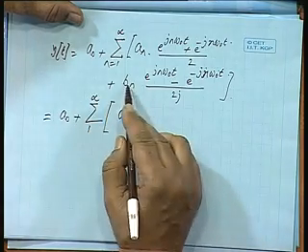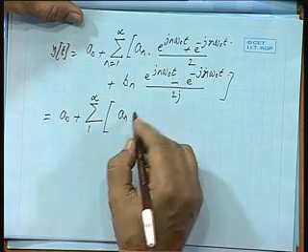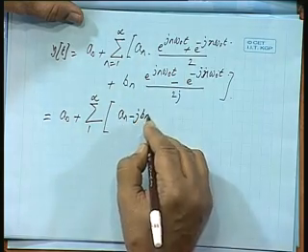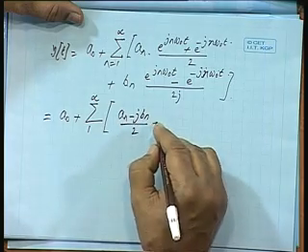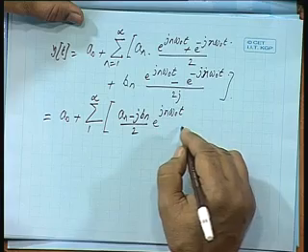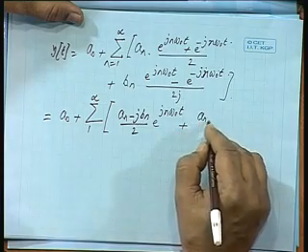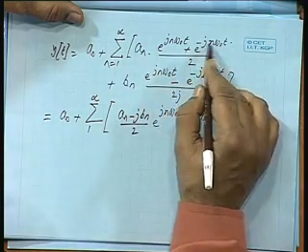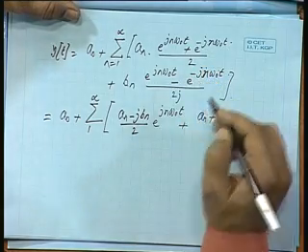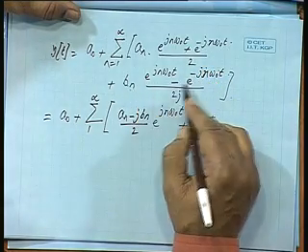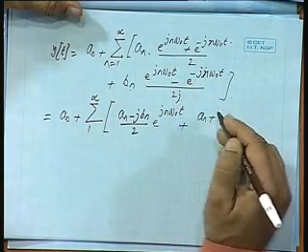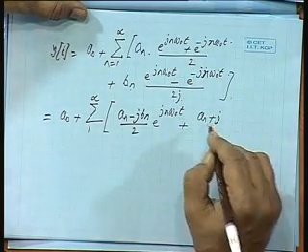If you allow me to segregate the exponential terms, I can write a0 plus the sum from 1 to infinity of minus j bn by 2 plus an by 2, times e to the power j n omega naught t, plus an by 2 minus bn by 2j, times e to the power minus j n omega naught t.